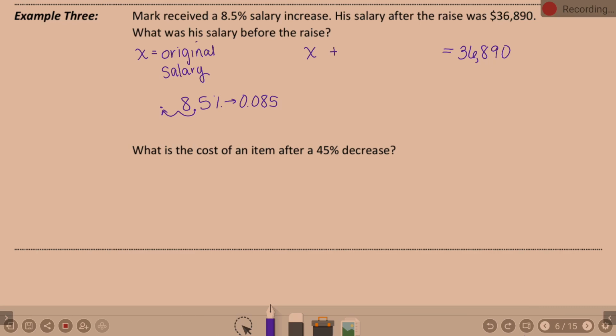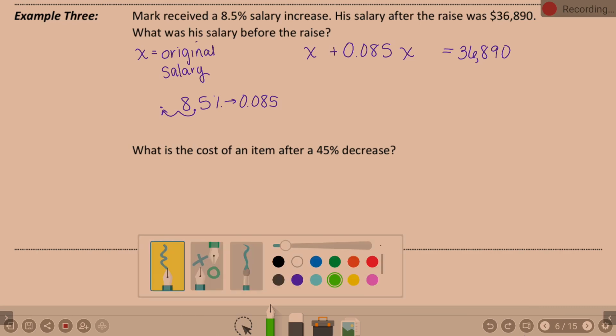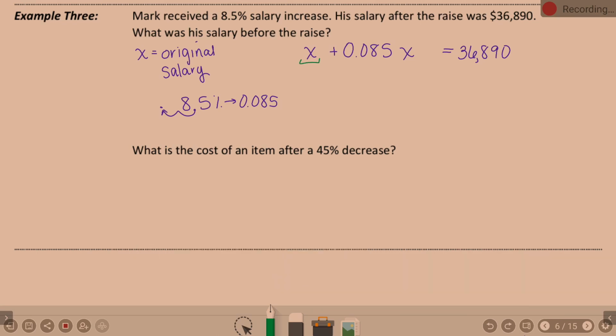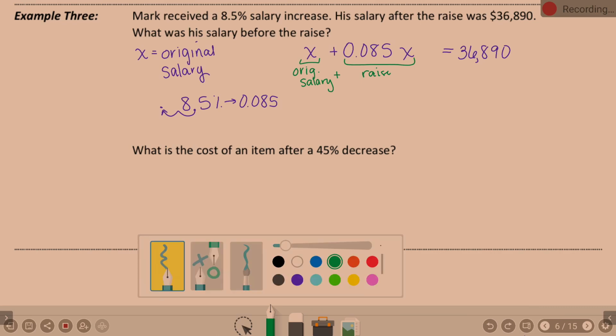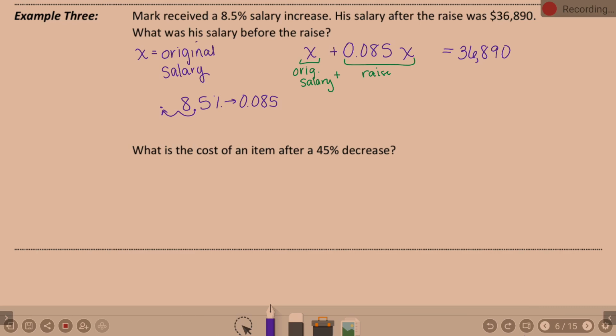So we take 0.085 and multiply it by his original salary. That gives us the raise. Are you with me? So we have the original salary plus his raise: X plus 8.5% of his original salary.